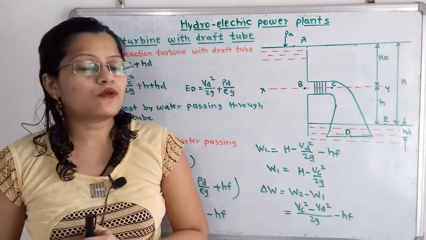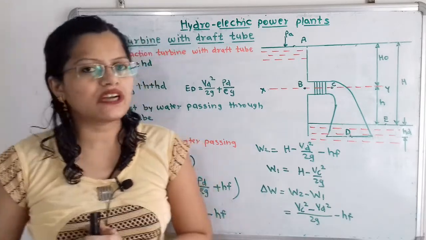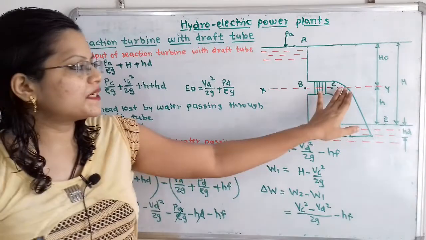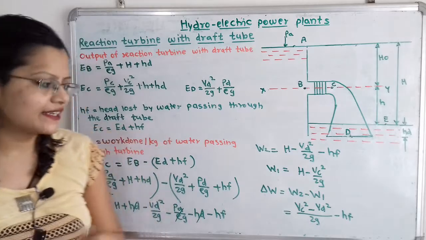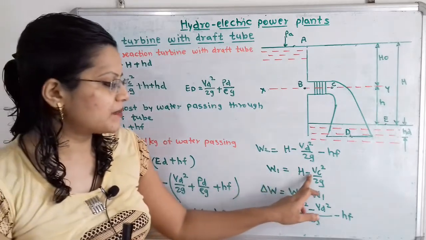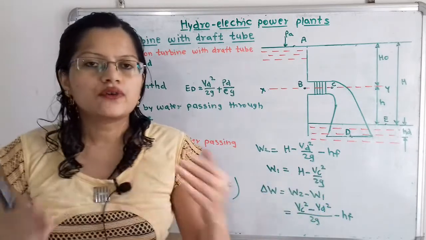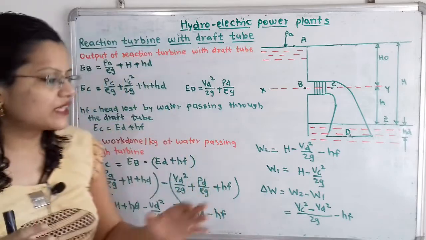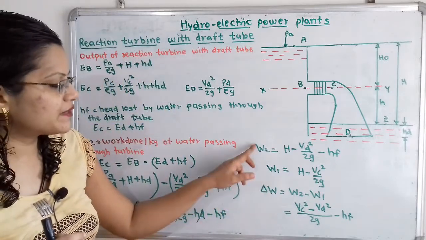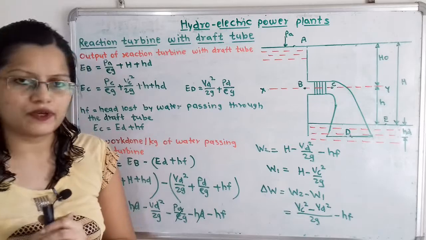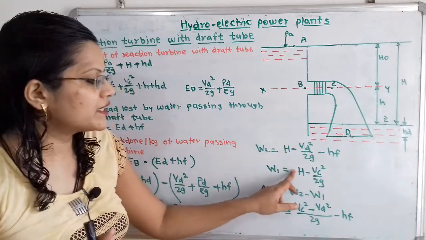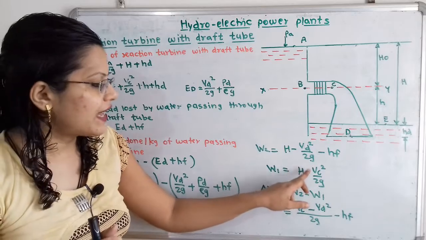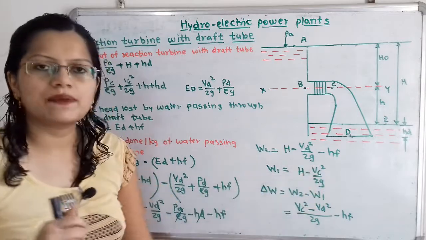Now we will find out what is the extra work done due to draft tube. So when draft tube is not attached to the turbine, then work done W1 is calculated, and W1 is H minus Vc square by 2G. So what is the extra work done? For that we have to take the difference between these two, W2 minus W1. So here it will become minus sign, and this minus Vc square by 2G will become plus.